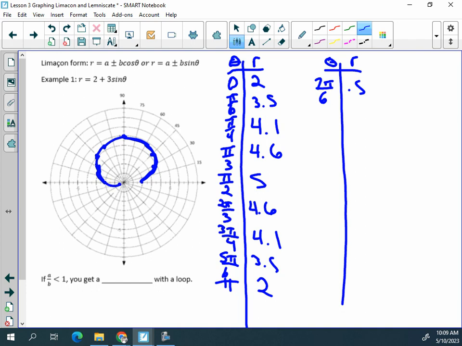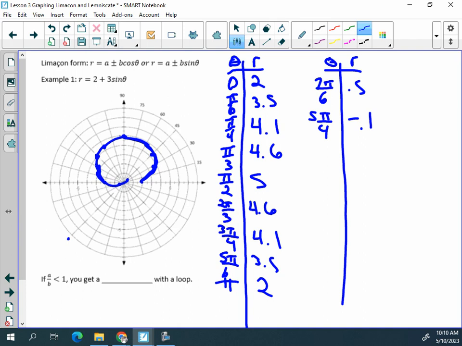Okay, and then at 5 pi over 4, sine of that is negative square root of 2 over 2, times 3 is negative 3 square root of 2 over 2, plus 2 gets us about negative 0.1. So remember, we're going to go to that 5 pi over 4 spot, but negative 0.1 is going to be on the other side. So negative 0.1, somewhere in there.